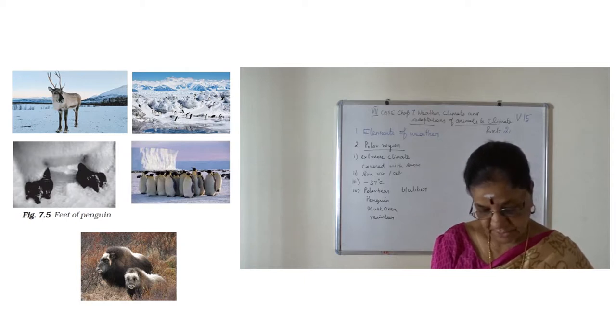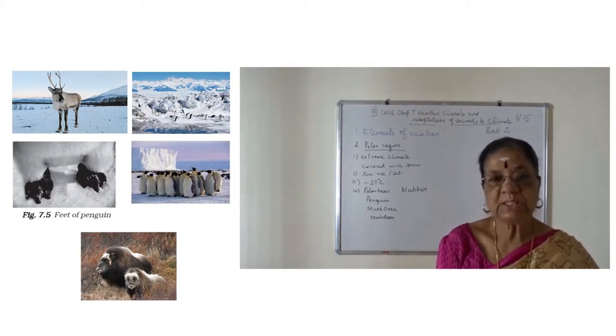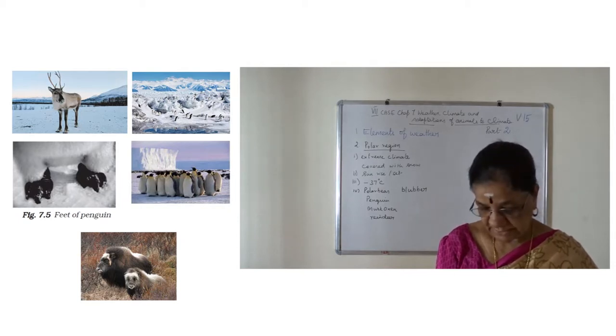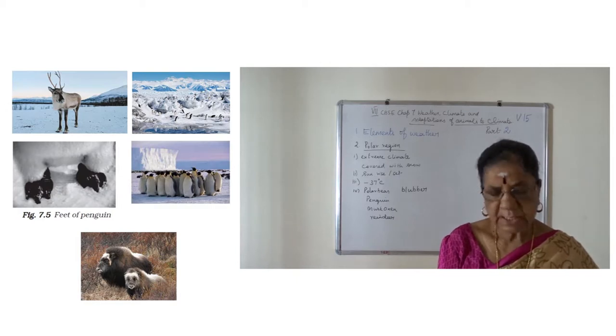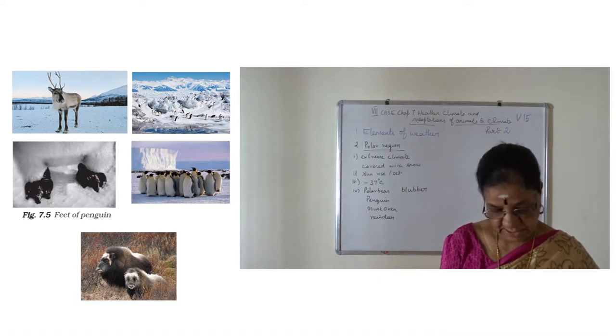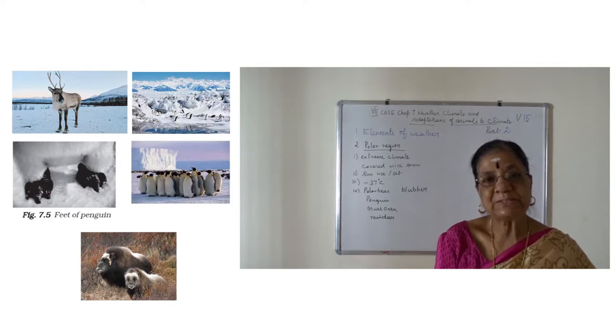Then in summer, the Arctic fox sheds its winter coat to reveal a thin layer of grayish-brown fur, and thick hair on the soles of their feet.